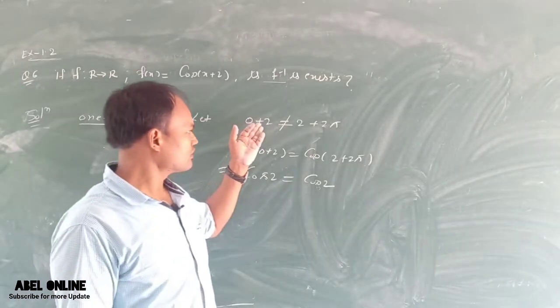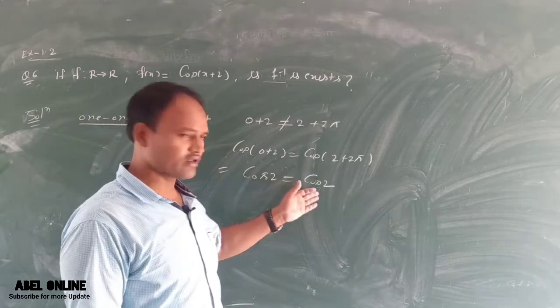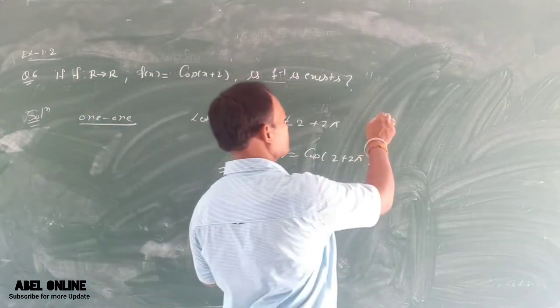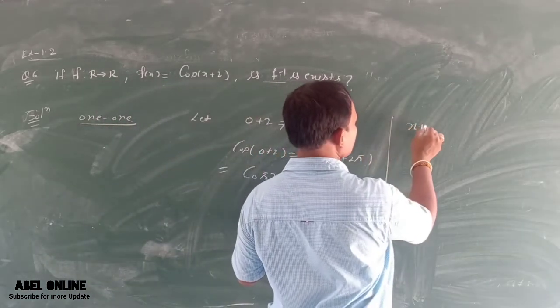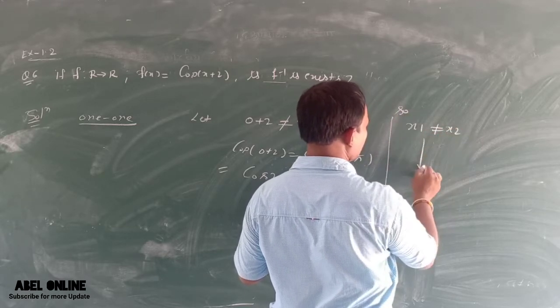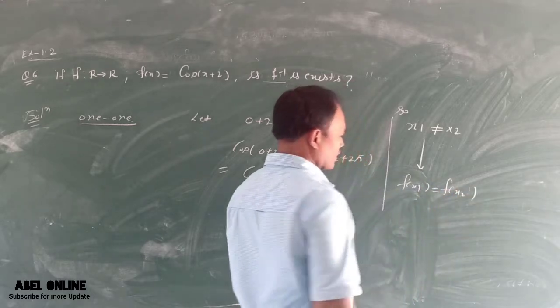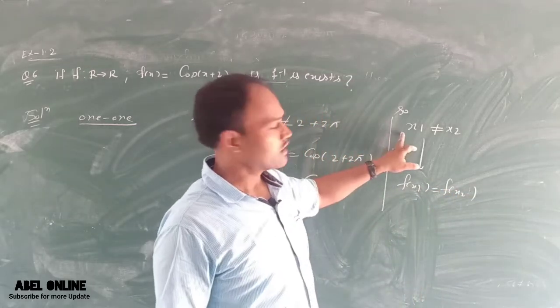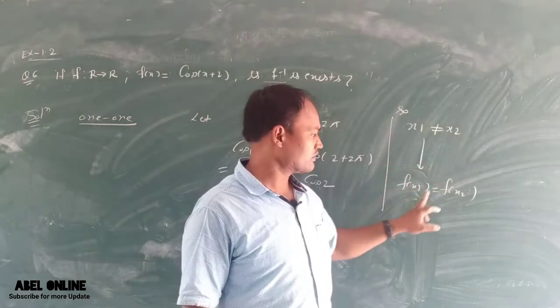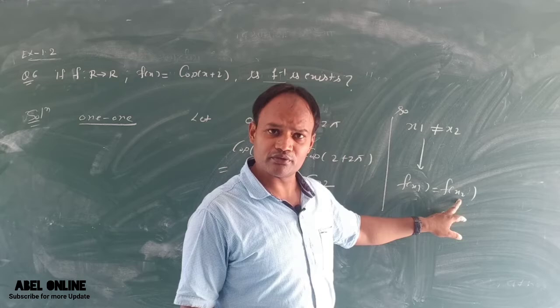We have taken x1 not equal to x2, but we got f of x1 equal f of x2. If x1 is not equal to x2, then f of x1 should be not equal to f of x2, then it is one-one.